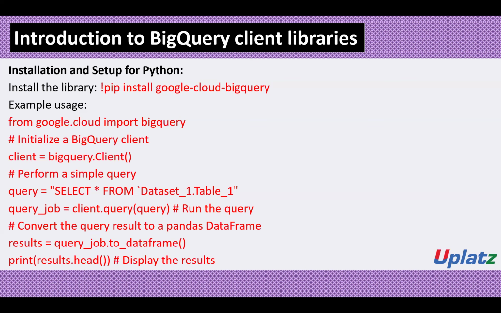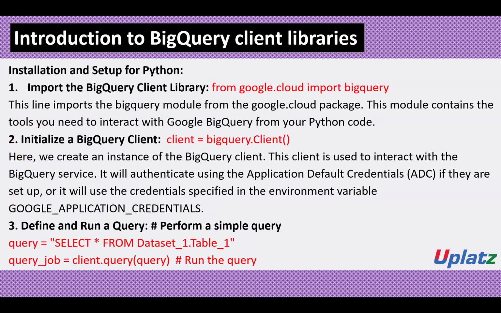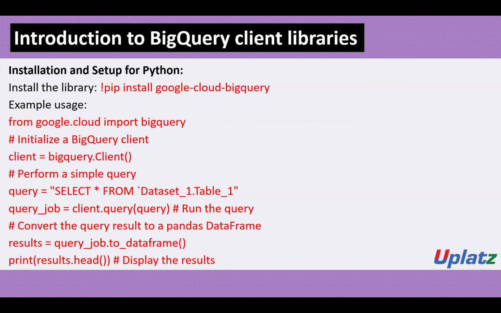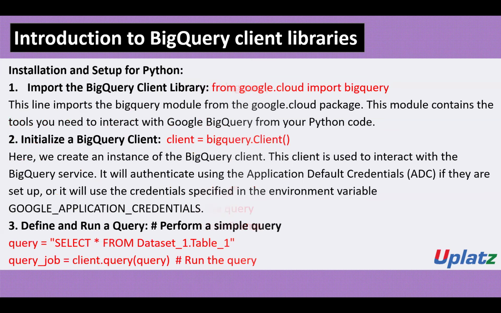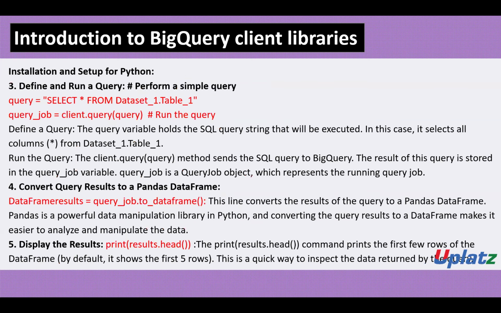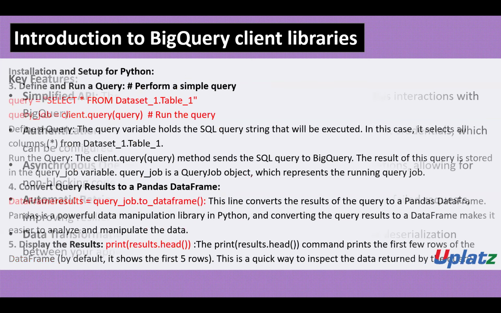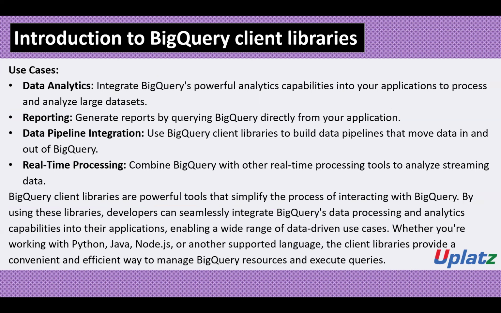Once it was installed, we wrote a few lines of code in order to retrieve the data present in a table, in a dataset, in BigQuery. Then we saw what each of these lines is doing, what their role is, and finally we got the data. And then we saw their key features with use cases.